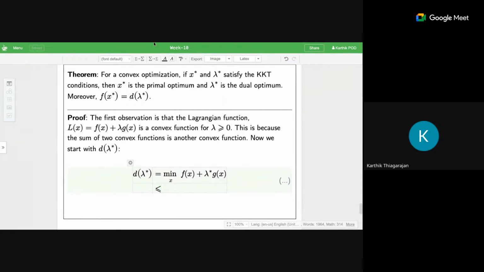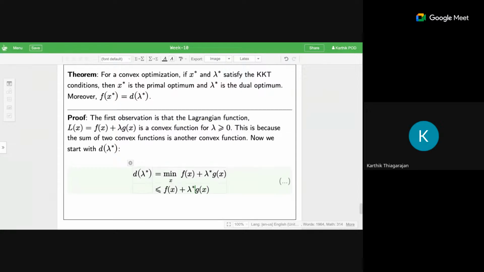What is this going to be less than or equal to? L of x. It's going to be less than or equal to L of x, right? So it's going to be less than or equal to f of x plus lambda star g of x.